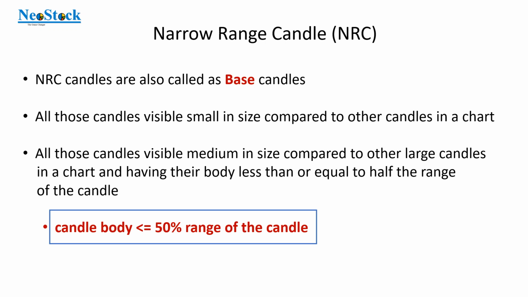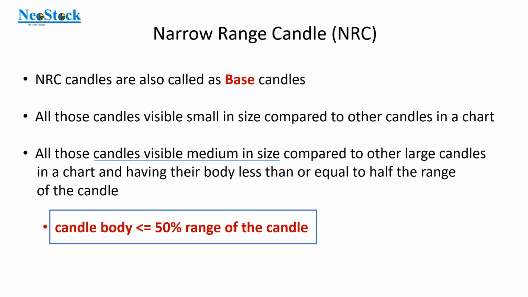But we have a condition here. What is the condition? This condition should be applied to the candles visible medium in size compared to the other large candles in a chart. As per the previous point, all the candles visible small in size are by default narrow range candles.